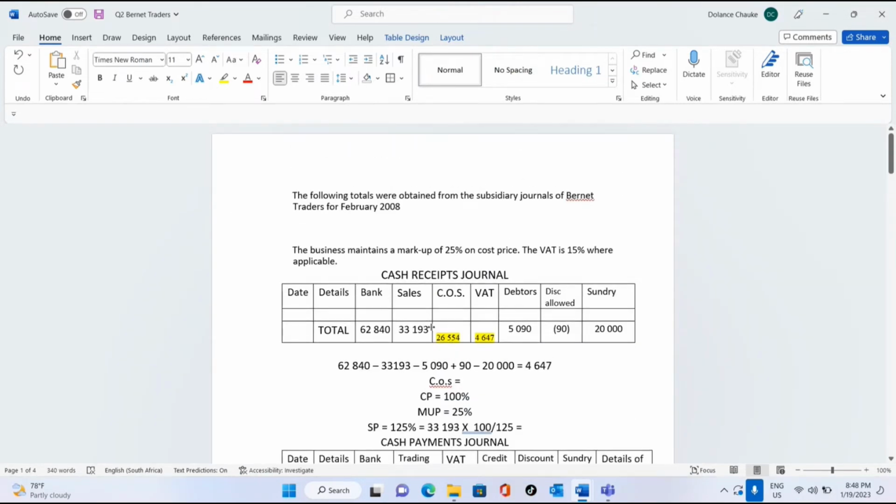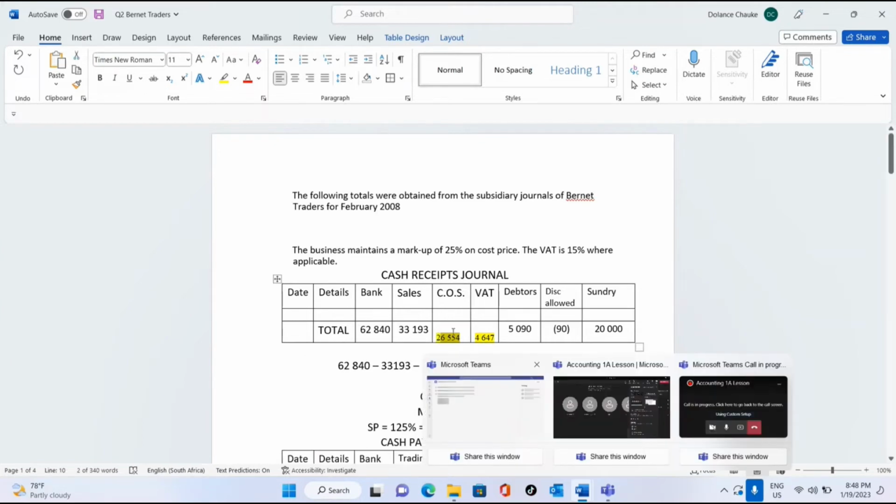Let's start with it. So when I say we are going to record inventory according to its cost of sales, you see this one under cash receipt journal, we're going to record this cost of the inventory. This cost represents the value of the inventory. So we're going to record inventory on its own value, right?